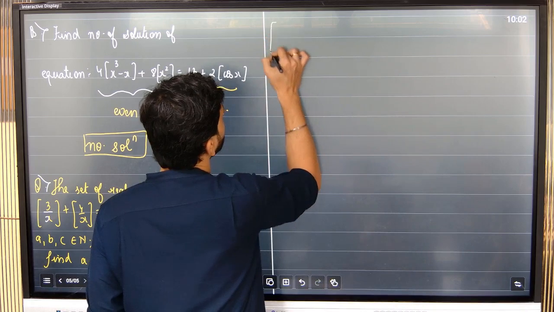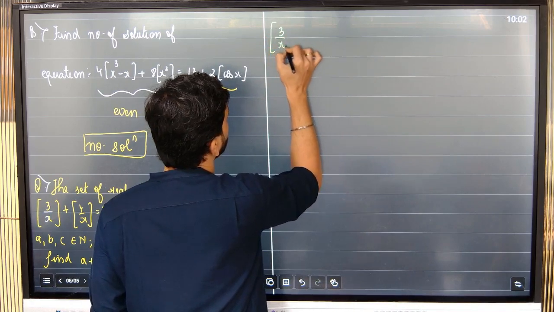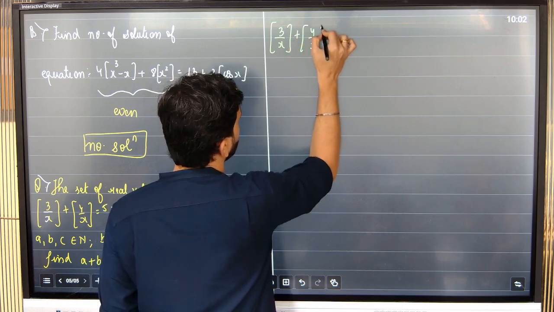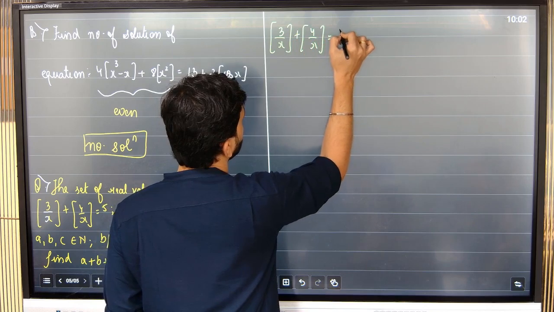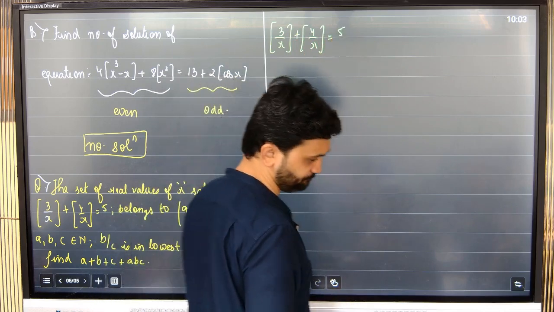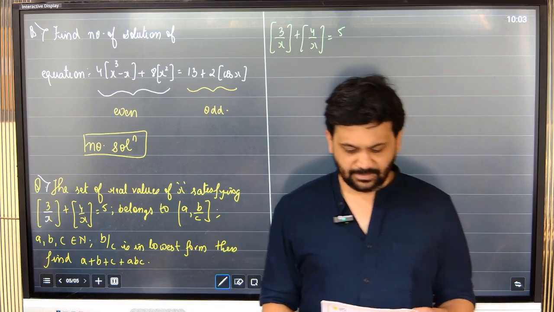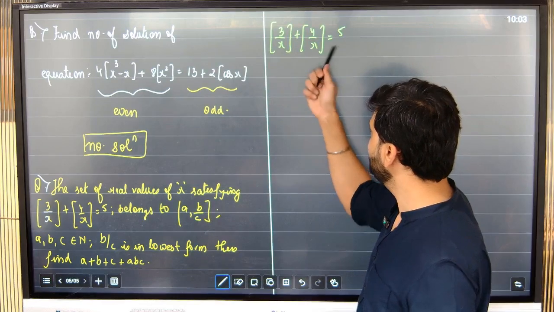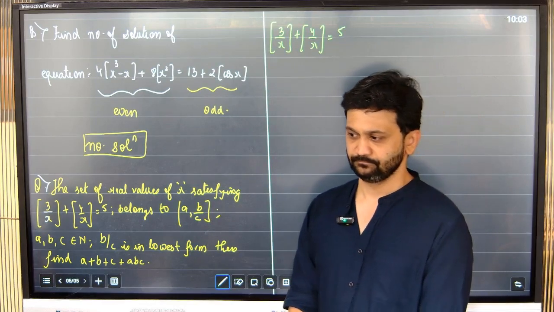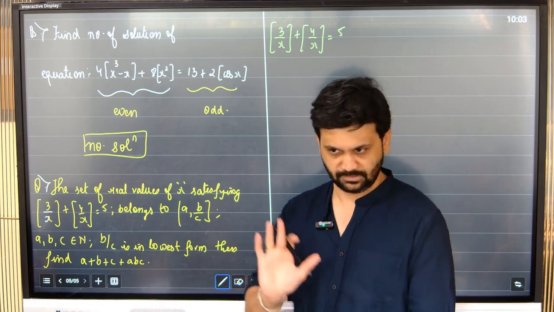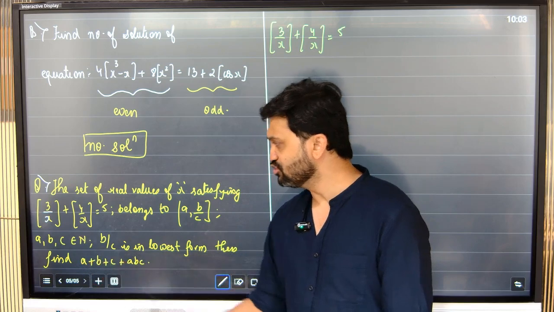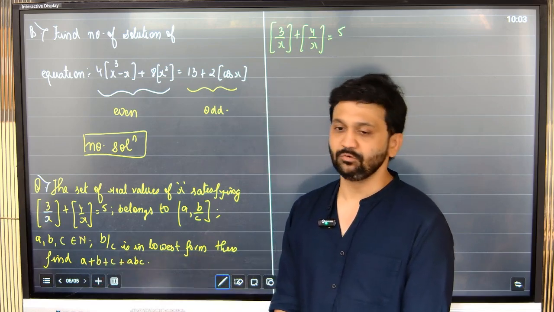I'll write it here. Greatest integer of 3/x plus greatest integer of 4/x is equal to 5. Can you guys tell me when the sum of natural numbers, listen carefully to what I'm asking, will be equal to 5?